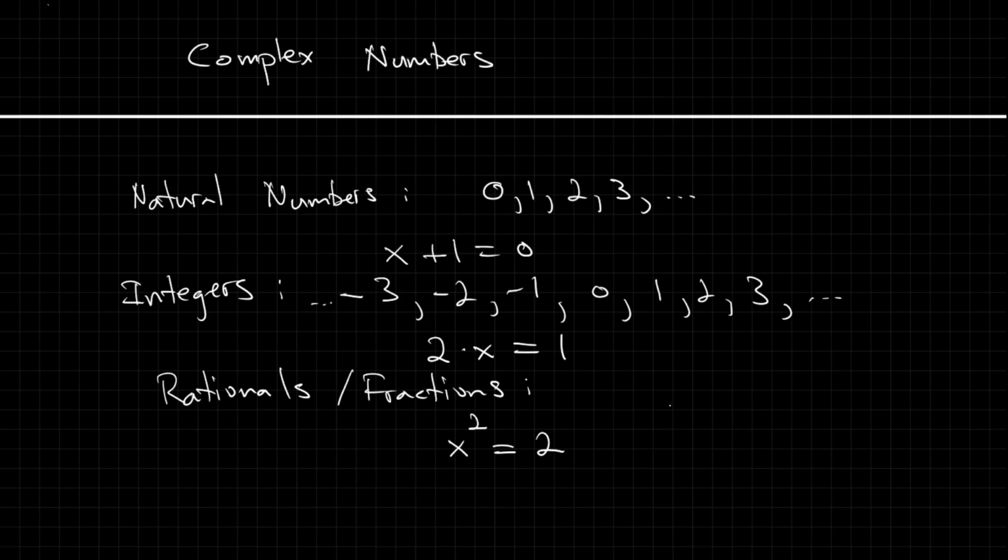And so we invented these new types of numbers, real numbers. And in the real numbers, there is a solution to x squared equals 2. However, there is no solution to x squared equals negative 1. The number system that is invented by searching for solutions to x squared equals negative 1 is called the complex numbers.